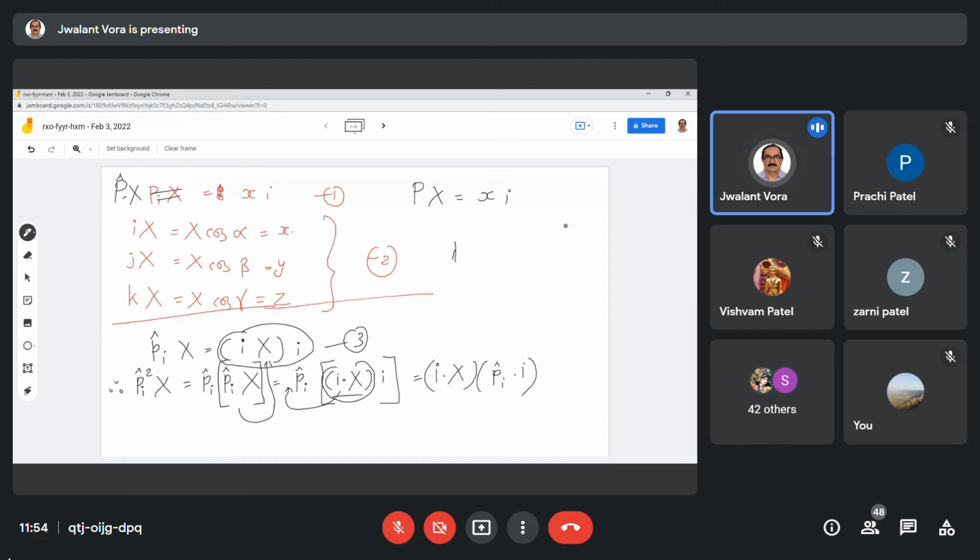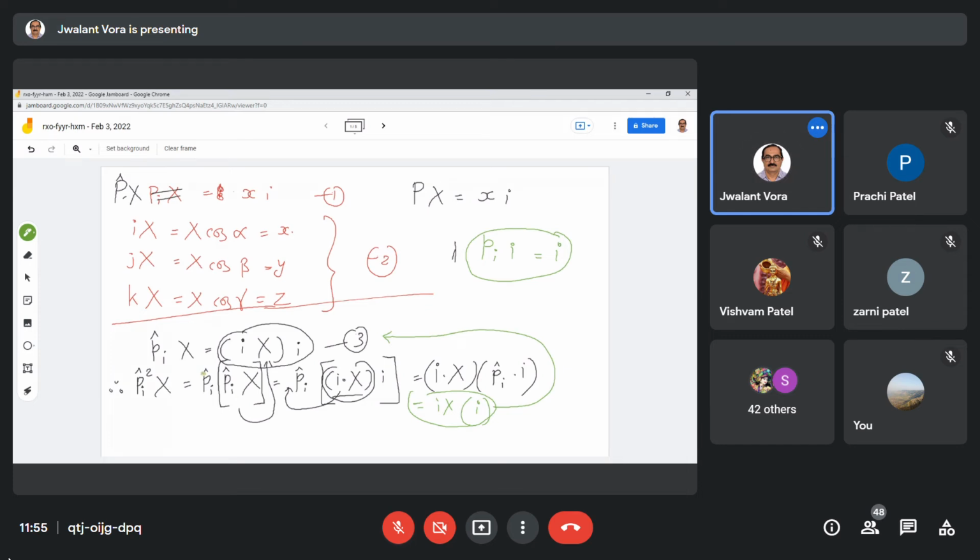The projection pi, let me change the color. Pi, the projection pi on i gives i only. So this is equal to ix into i. Now again this is equal to equation number 3.